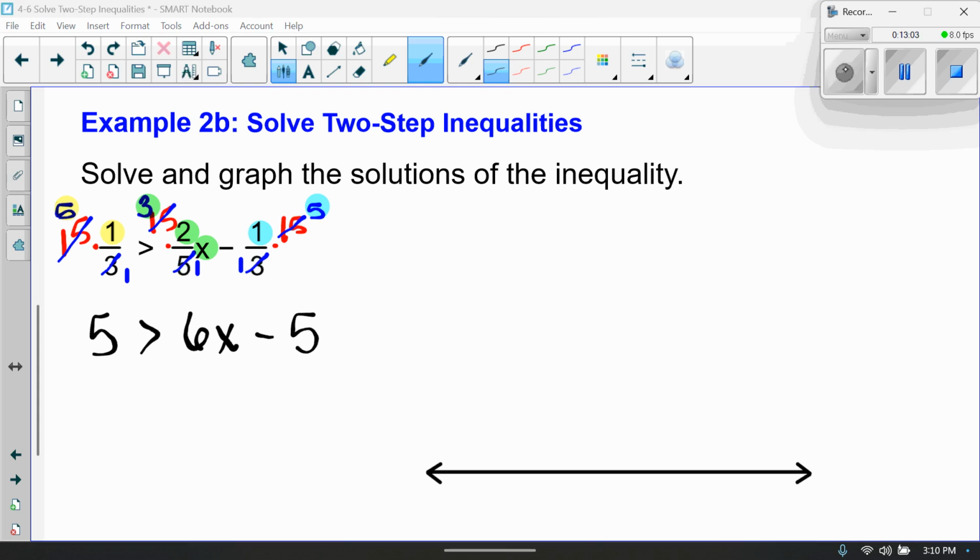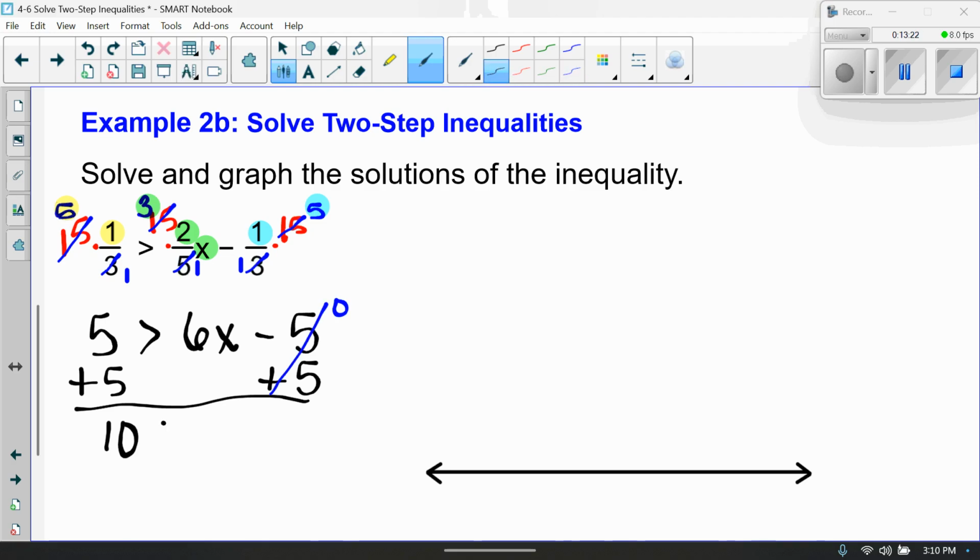So now we want to solve for x. So we're going to cover up here. And what do we want to get rid of? The negative 5. So how do I do that? You're going to add 5 on both sides. So those cancel to 0. And we're left with 10 is greater than 6x.